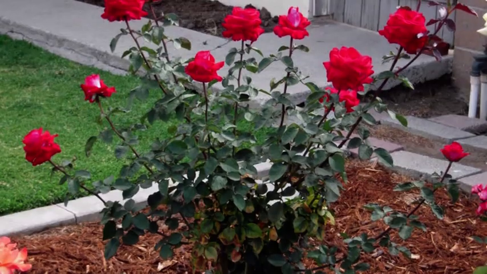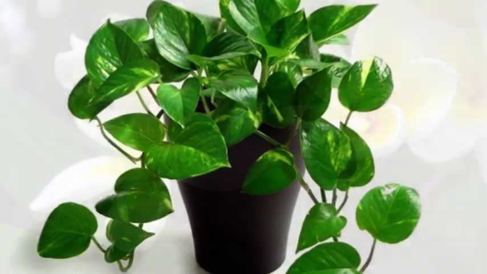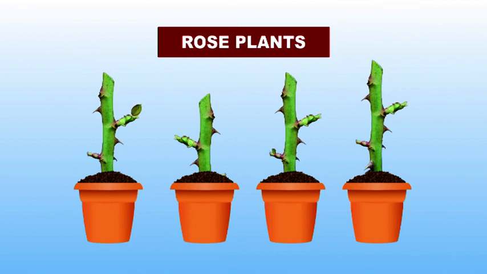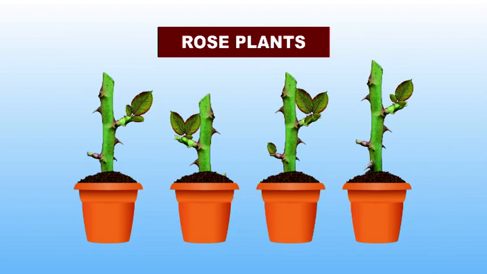Students, have you ever seen the use of stem to grow new plants? Of course, yes. There are many such plants which we see in our day-to-day life, like rose, money plant, champa, etc. In this picture, you are able to see that there are four pieces of rose stem that are buried in the soil, and each cut stem develops into a new rose plant.